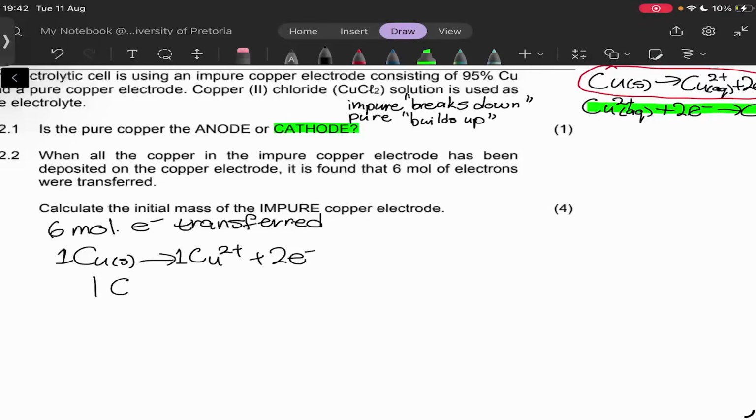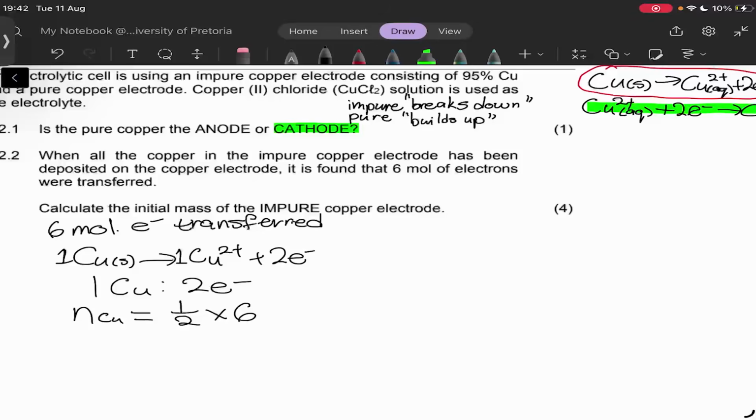Let me just have 1 Cu for 2 electrons, and I have to use this now to inform my answers. If I want to get the number of moles of copper, that's just going to be half times 6.